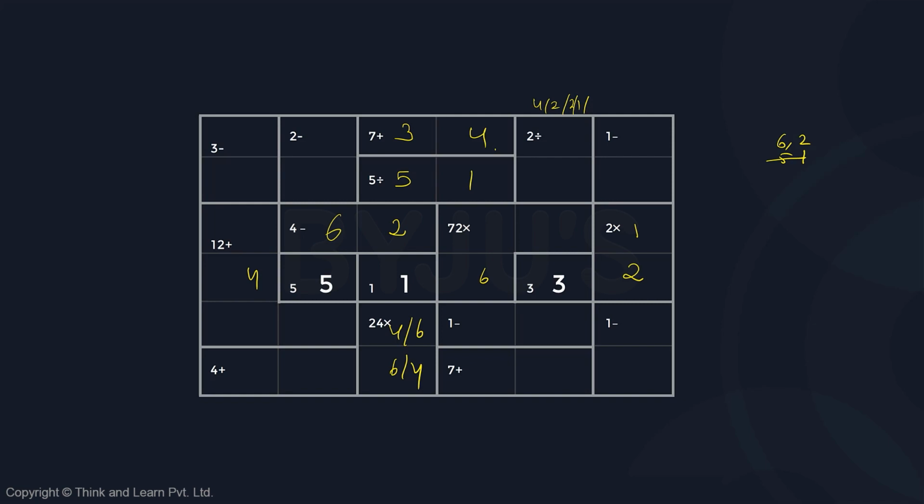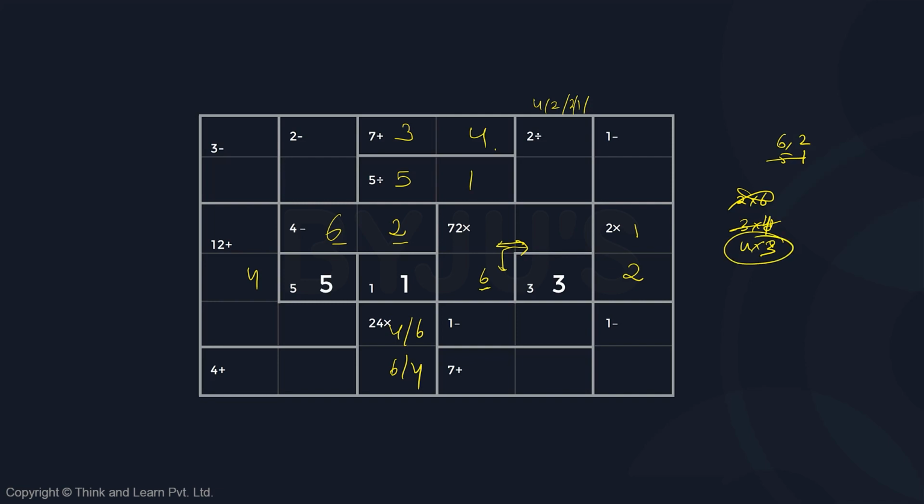Alright. Now, this 6 is fixed here. Product of these three should be 72. So dividing by 6 gives 12. So product of these two should be 12. 12 is possible with 2 into 6, but 2 and 6 are already in this row, so not possible. 3 into 8, not possible. 3 into 4 is possible.